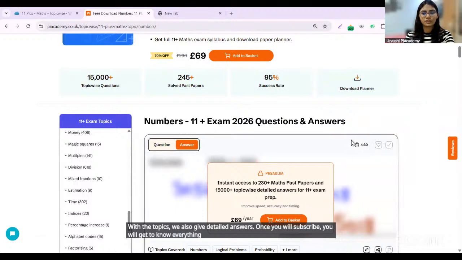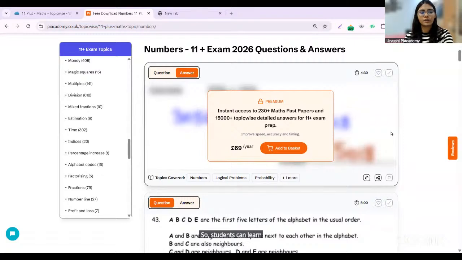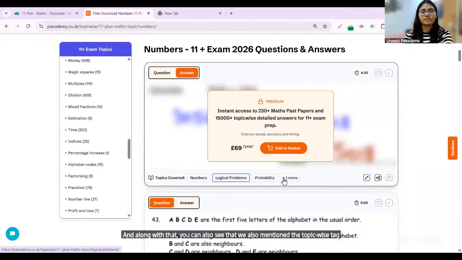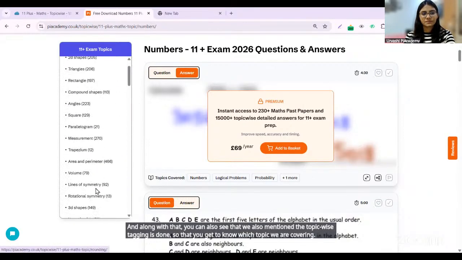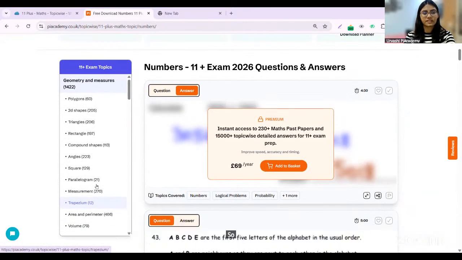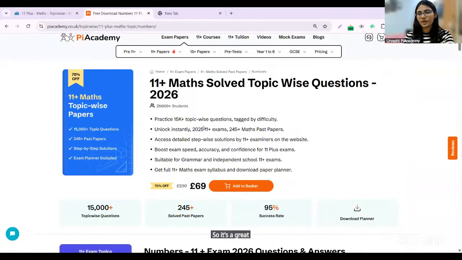Along with that, we also provide the timer, so students can learn when and how much time they are taking. And the topic-wise tagging is done so that you get to know which topic we are covering. So this is, as you can see, geometry and measures itself. The topics that we covered today have around 1,422 questions.